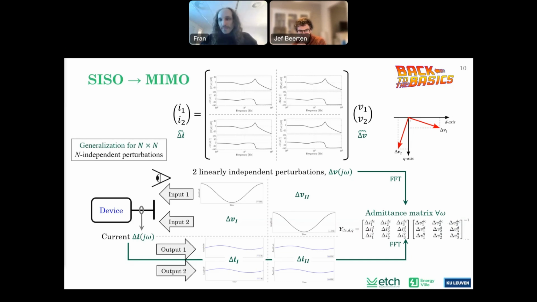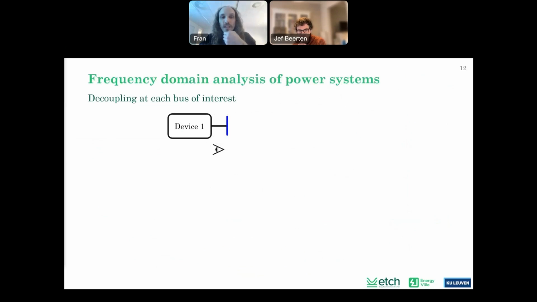All right. So now that we know how to describe devices or subsystems in the frequency domain, let's go into how we actually use this for stability analysis. Basically, what we did before was to apply a perturbation.